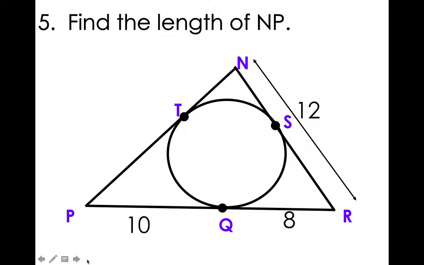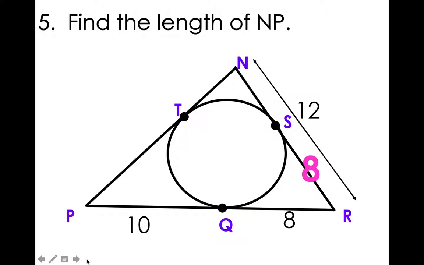Well, when I look at this, you should see that SR and QR are coming from the same external point, so therefore they're equivalent or congruent. I also see that NS and NT are equivalent, but in order for me to find NT, I need to know what NS is.